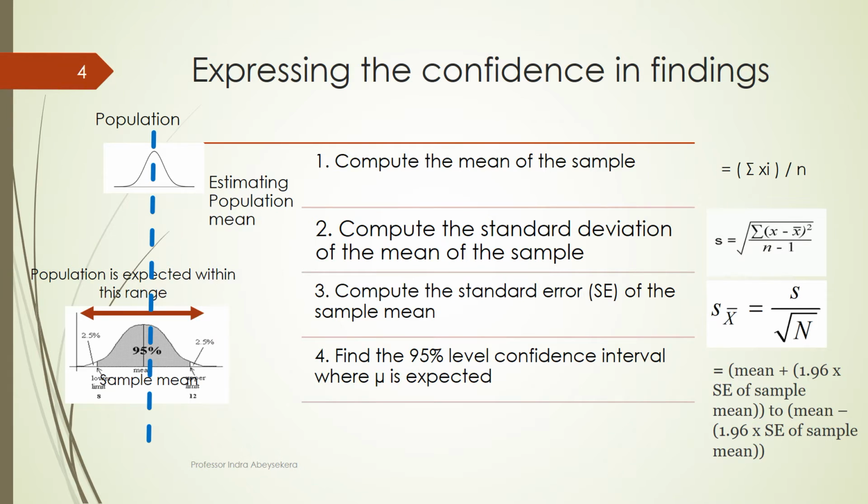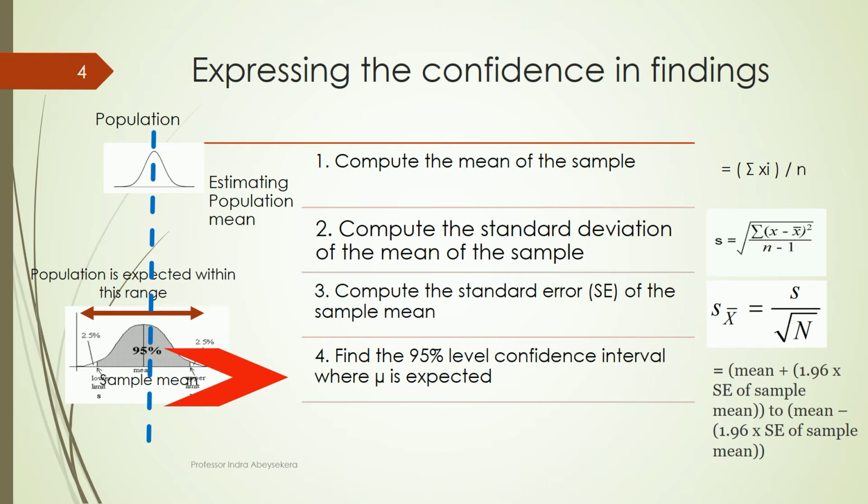To estimate the population mean from the sample mean that we have computed and the standard error of the mean, expressed at 95% confidence interval, we take the mean value.